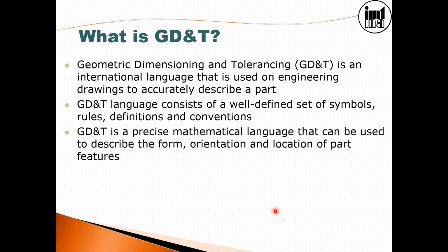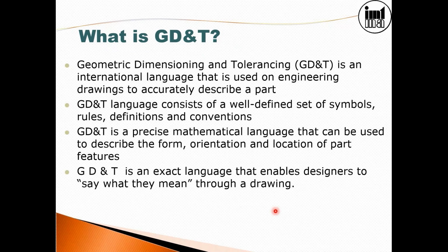It's a precise mathematical language that can be used to describe the form, orientation, and location of a feature. GD&T is meant to control the form, the orientation, and the location of that feature.